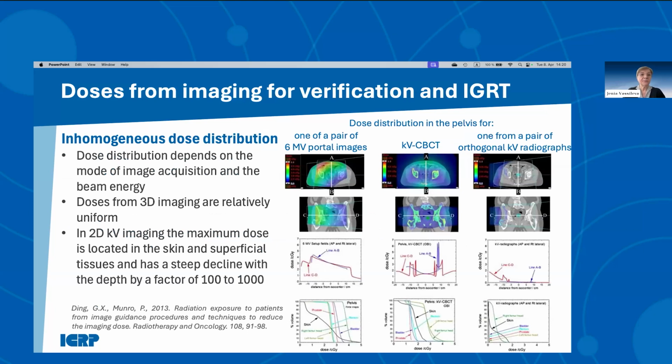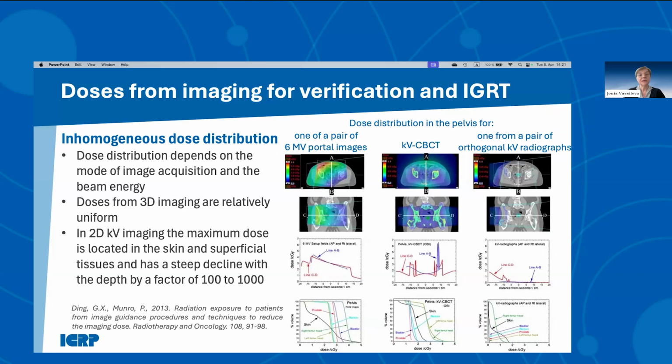Dose distribution depends on the mode of image acquisition and the beam energy. In general, doses from 3D imaging are relatively uniform, while for 2D imaging, and especially kV imaging, because of the low energy, the maximum dose is located in the skin and superficial tissues and has a steep decline with depth, by a factor of 10 to 100 to 2000.